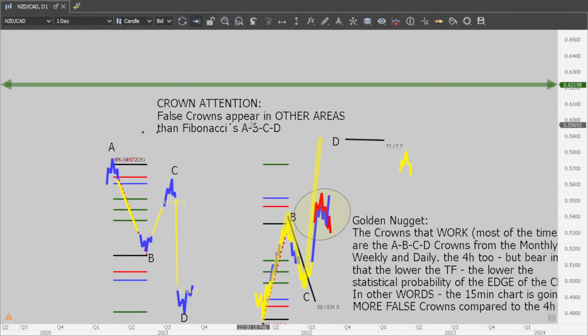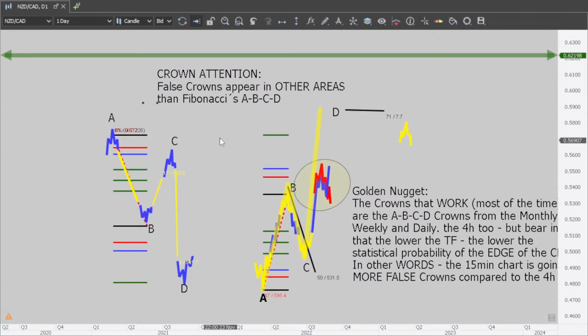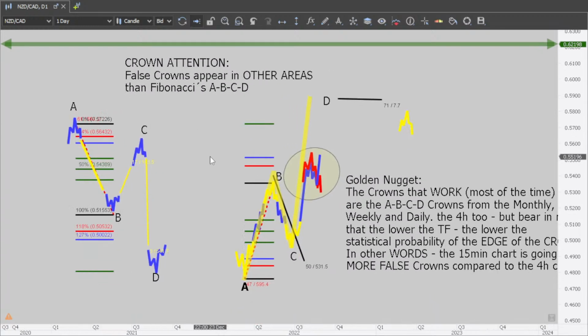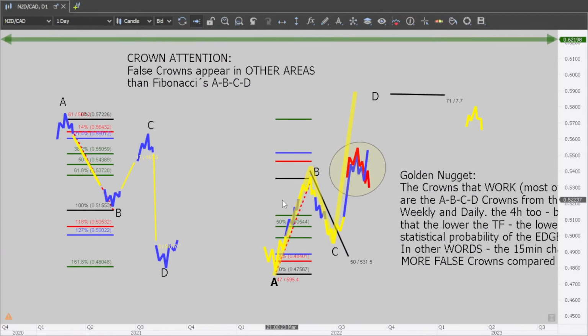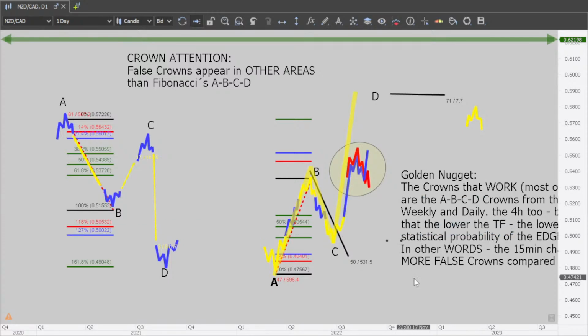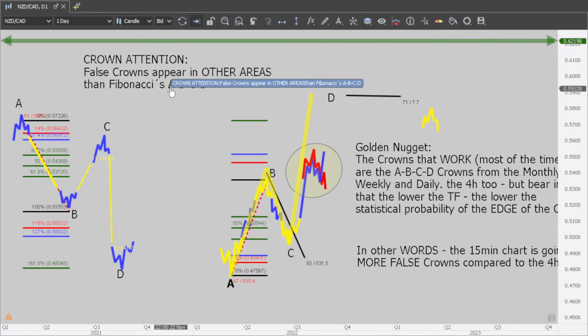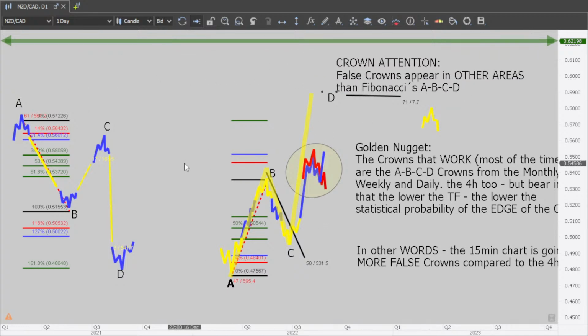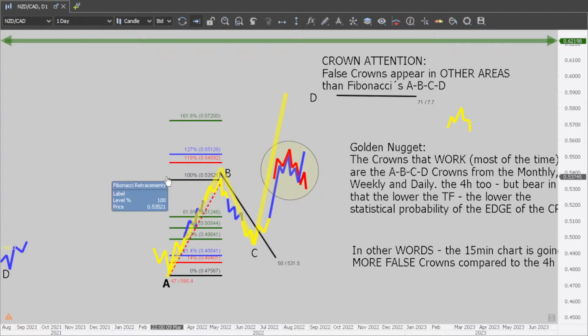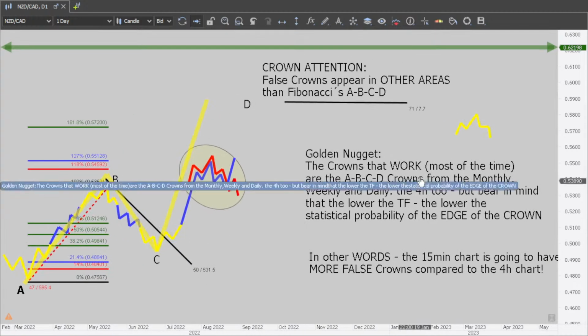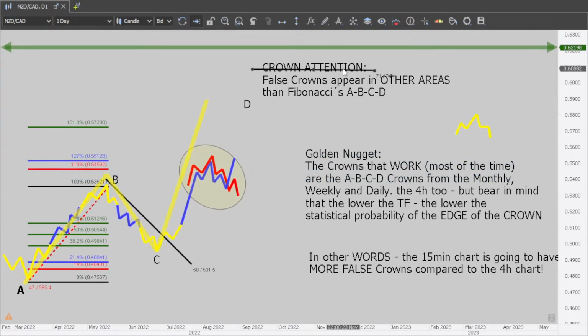False crowns appear in other areas than Fibonacci's ABCD. We are talking about, clarifying, we are talking about the original Fibonacci, everybody. Okay, so give me a second. Some of you are late, everybody. Take a screenshot of this.